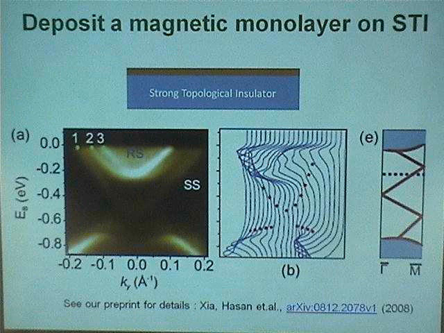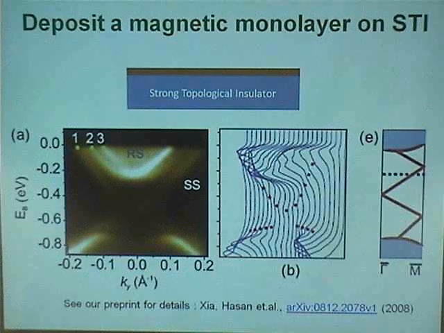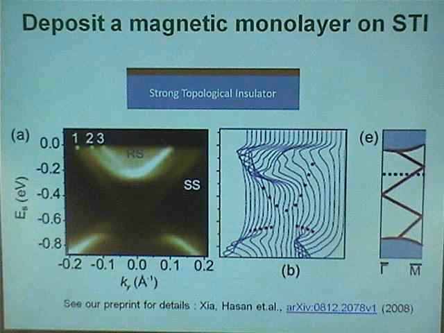So when the Kramer's point is protected, it looks like this. So when we put iron, it looks like that. It opens a gap. But the nice thing here, iron, well, in a sense, it's also donating electrons.